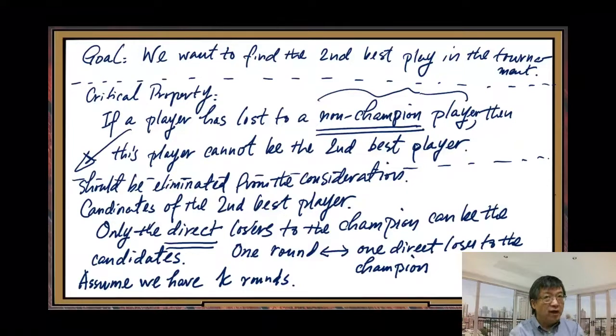All right. Then, when we look at the first round, there could be one player idle. So each round, at most one player is idle, right? But when we look at the first round, can you see the total number of players n should be less than or equal to 2 to the kth power?